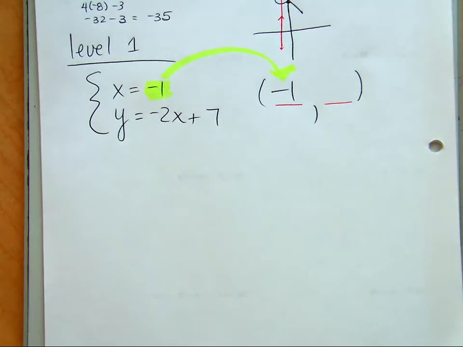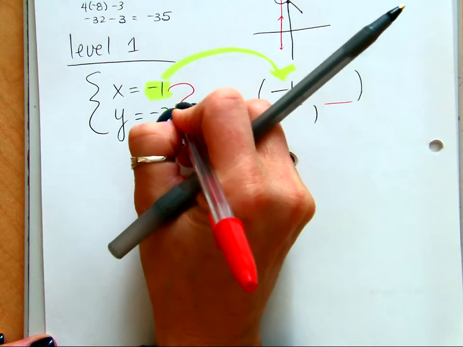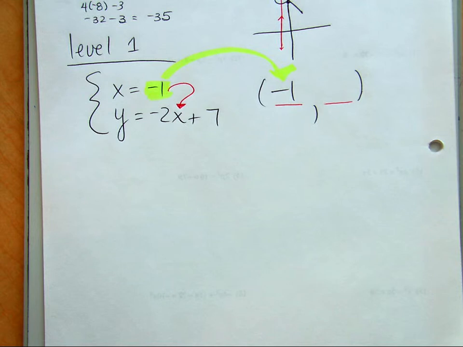Awesome. So now the first of my two answers is given. It's not really two answers, it's one ordered pair. What could I do to find out what my y coordinate would be if I know my x? If the name of the game is substitution, what should I do with that x value of -1? I should substitute it in for x in the other equation. So I'm going to take this -1 and put it right there because that's what x is.